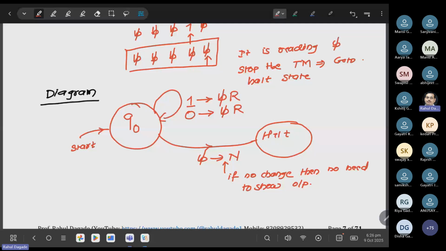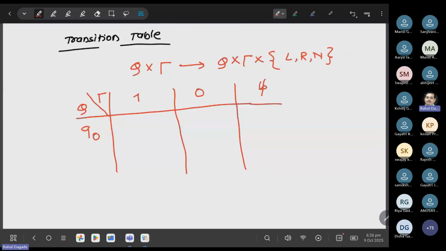1 is converted into blank and then we move to the right. So it is represented as Q0, remaining in the same state, 1 converted into blank, and R. And for 0? We remain in the same state Q0, 0 is converted into blank, and the head is moved to the right. And for blank, we go into the halt state.